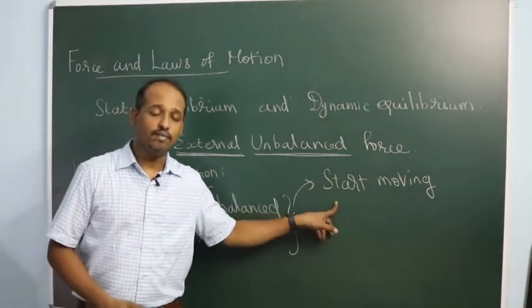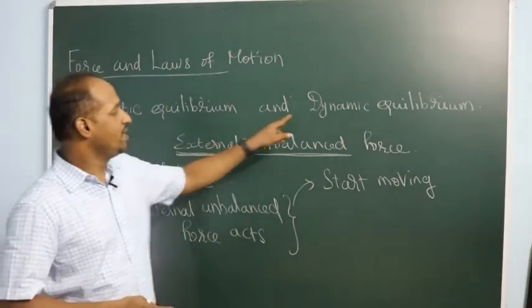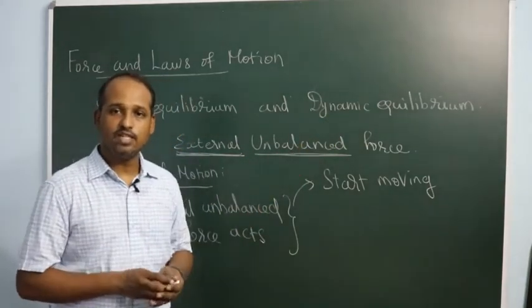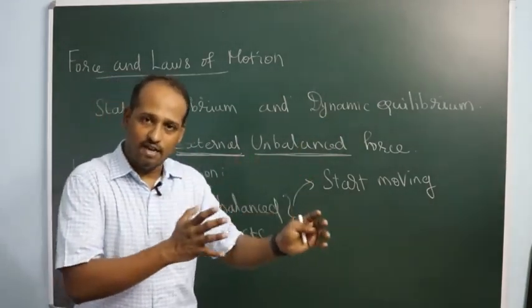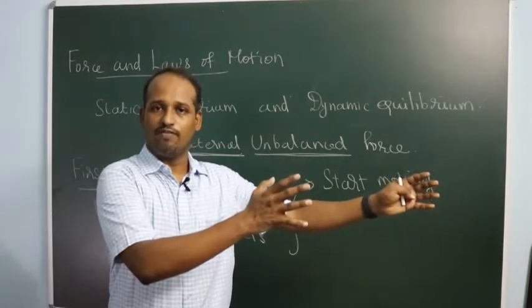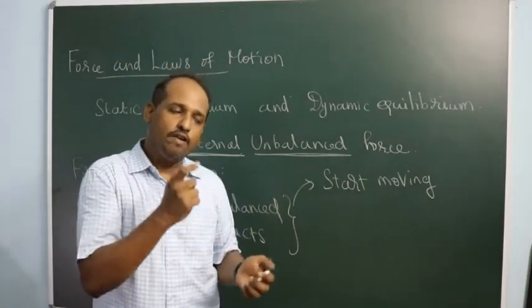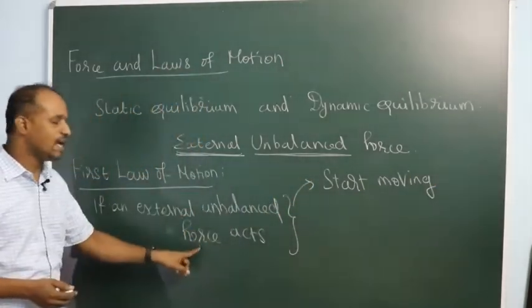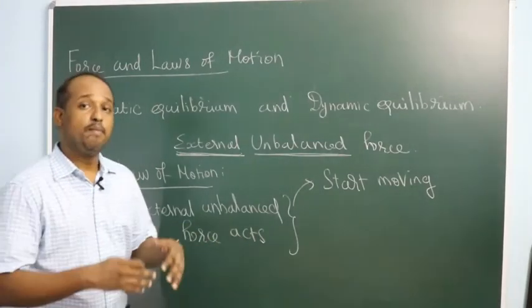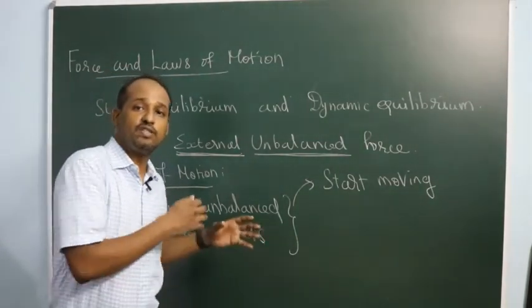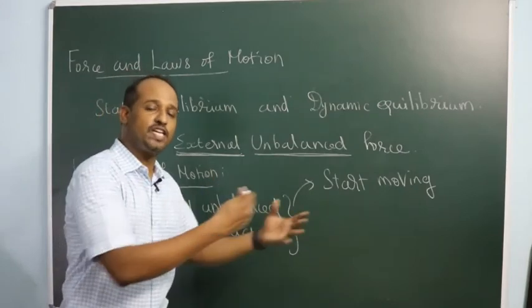And at the same time, an object may be in dynamic equilibrium. Dynamic equilibrium means it goes in a straight line with the same speed, or uniform velocity, we say. If an external unbalanced force acts on it, the object may not go with the same speed, because this external unbalanced force will try to change it.